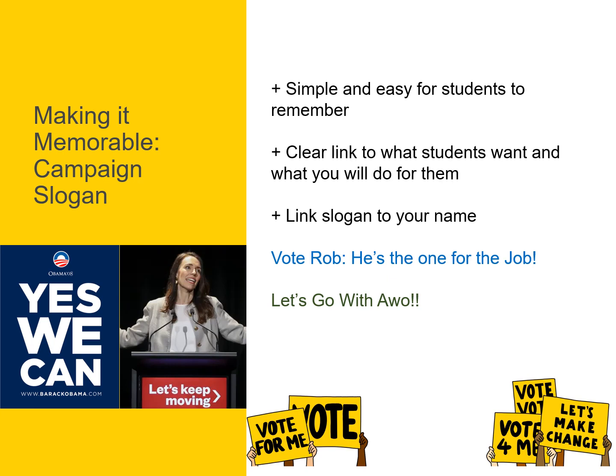This was effective as it made a clear link to what people wanted and was simple enough to be repeated time and again. Another popular choice is to link your slogan to your name, which will help with recognition when students vote. If you think hard enough, almost any name can be made into a slogan. For example, "Vote Rob, he's the one for the job," or "Let's go with Awo."